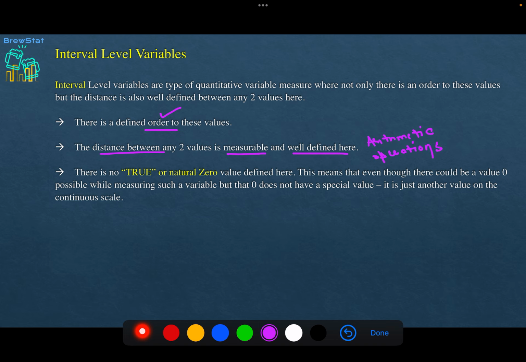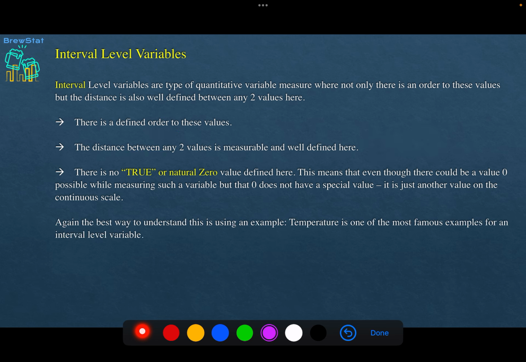There is no true or natural zero value here, and we'll see why it is different from the fourth kind of variable, which is a ratio variable. So we don't really have a true zero in that sense, but we can still measure the distance between any two values. For example, temperature is one of the most famous examples of an interval level variable. Let us say we can have minus 32 and minus 16.